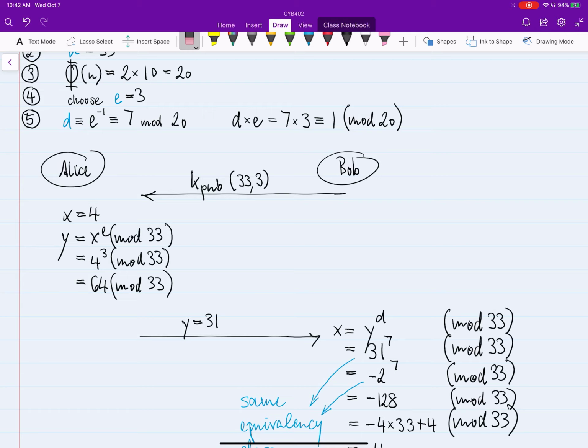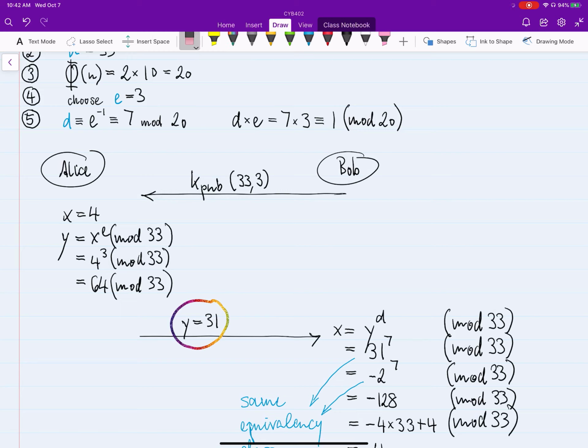Remember that we need to raise the plain text to the power of E modulo n, which in this case is, as you can convince yourself, 31. Also note that n is 33, so both x and y are smaller than 33.